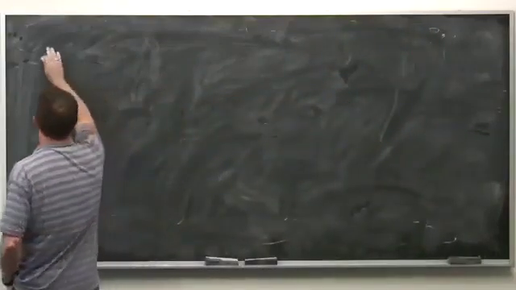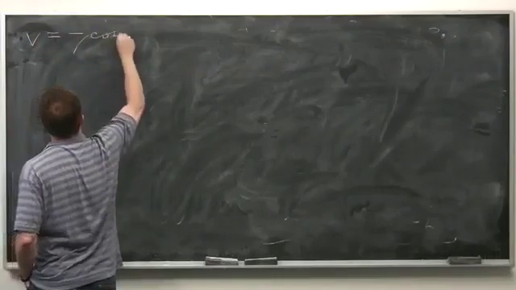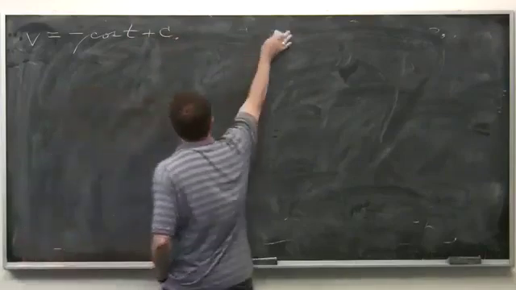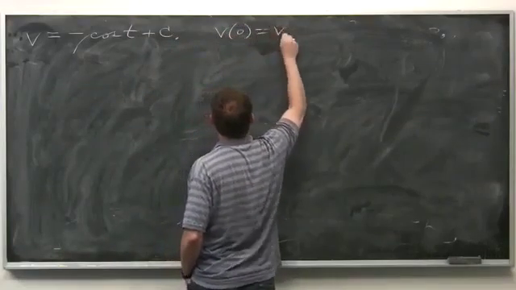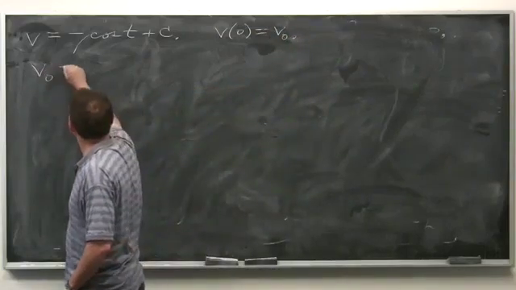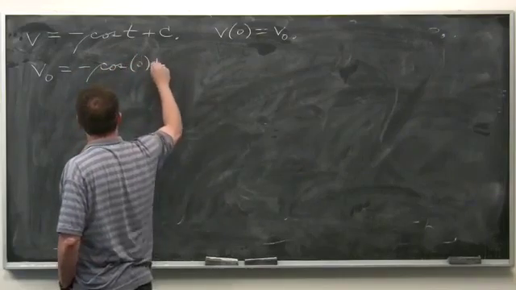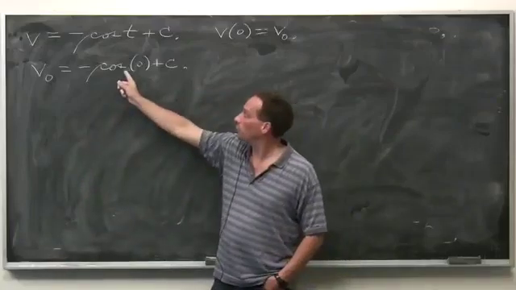So we've got the velocity is minus the cosine of t plus a constant. Yes, we plug in the tautological initial data, that at time 0, the velocity is the initial velocity. And then we get the initial velocity equals minus the cosine of 0 plus this constant c. But the cosine of 0 isn't 0, it's 1.